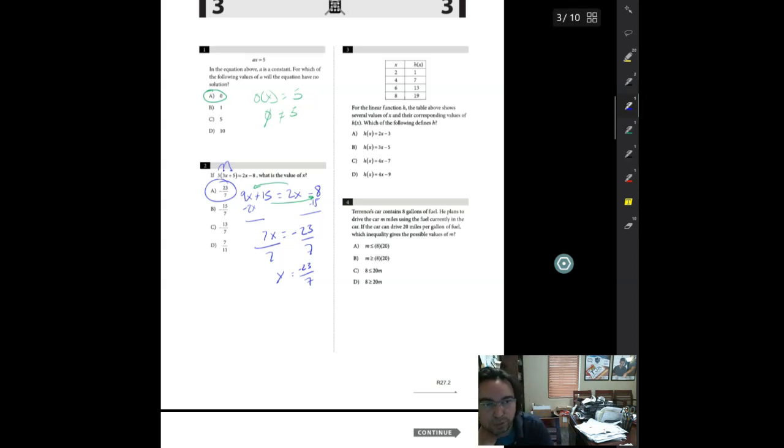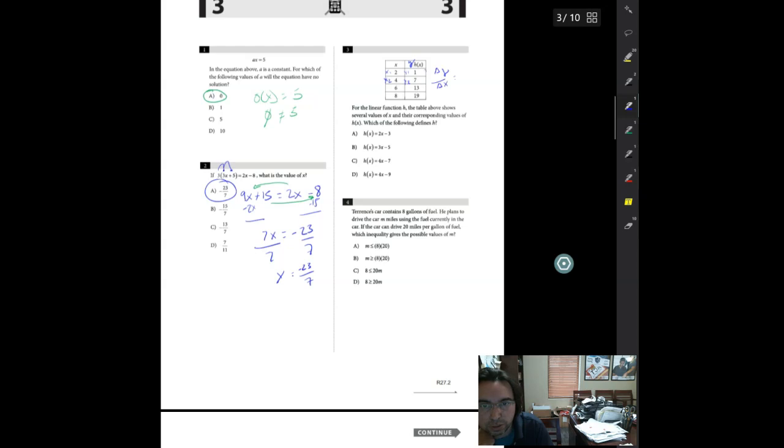Okay. Number 3, we have a function table. Primarily, remember that h of x is the same thing as y here, and these are just ordered pairs. What we traditionally want to do in attacking these is solve for the slope. So this is like x1, this is like y1, this is like x2, this is like y2. Then we solve for the slope, the change in y over the change in x.